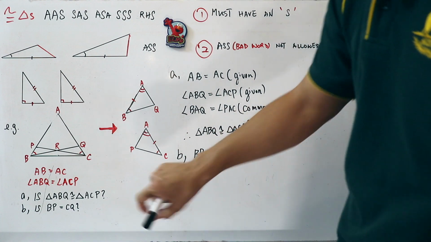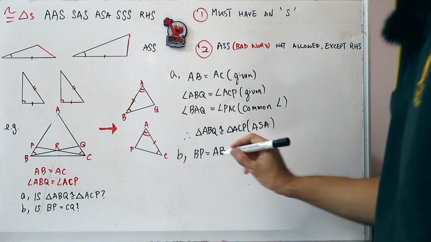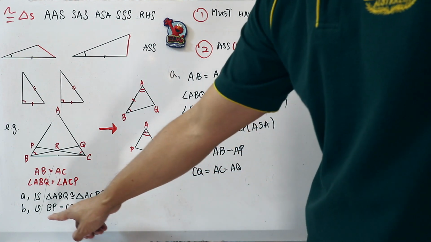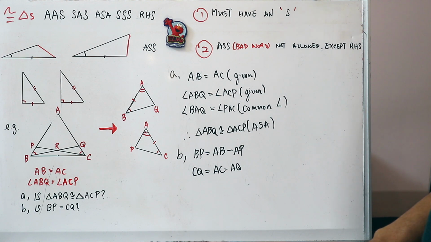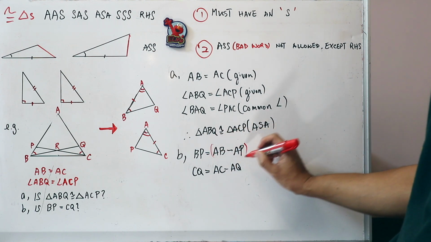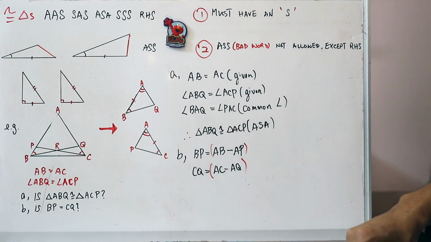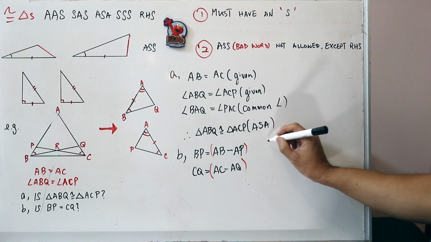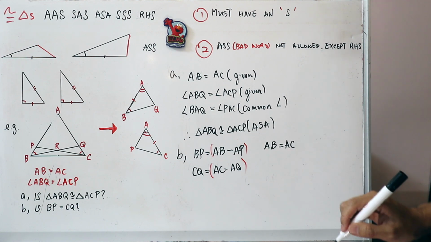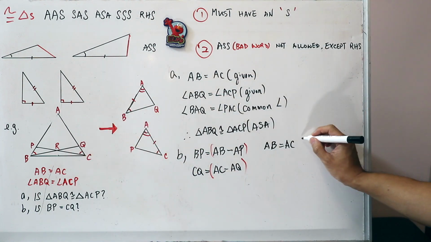And CQ is this here. CQ is equal to AC minus AQ. So if we want to prove that these two are the same, it means that if we can prove whatever is in this bracket to be the same as whatever is in this bracket, then we can prove that BP and CQ are the same. First of all, we know that AB is equal to AC because it is given by the question.